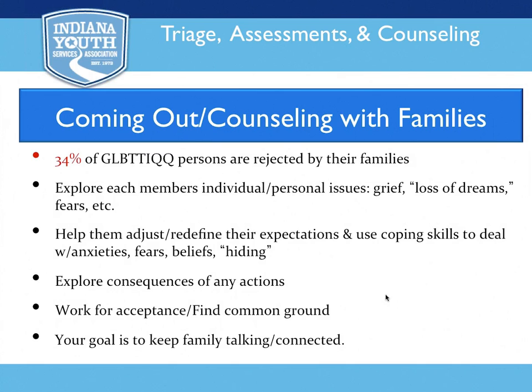So if the young person has been kicked out of the home, if they are not part of that family anymore, they are going to experience this in terms of a loss, and have a lot of the same responses as a person would if there was a death in the family. So it really is some grief issues and loss issues that we have to recognize as well.